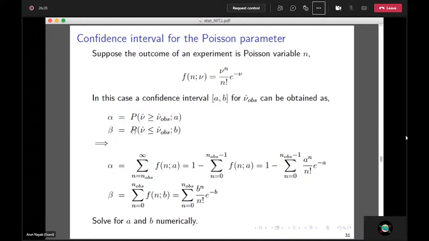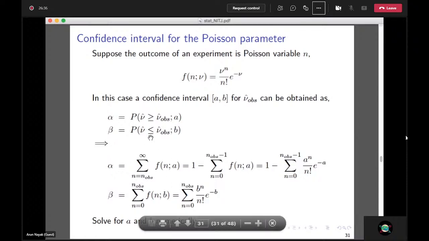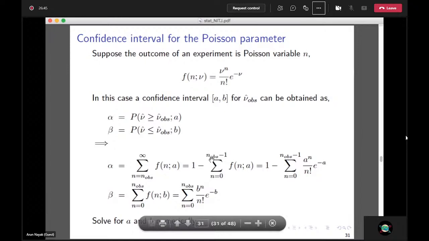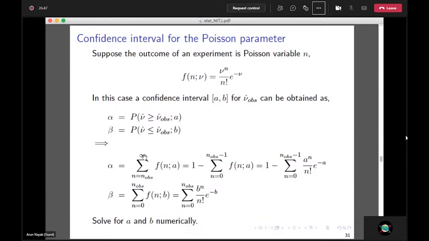So from there you can invert, and then you can calculate further. So alpha will be like you do the sum for this n from n equal to n observed to infinity. So that you can write in the opposite way, like 1 minus the sum from n equal to 0 to n observed minus 1, because from 0 to infinity the total should be 1.